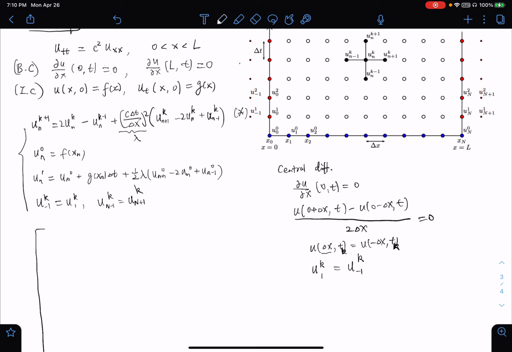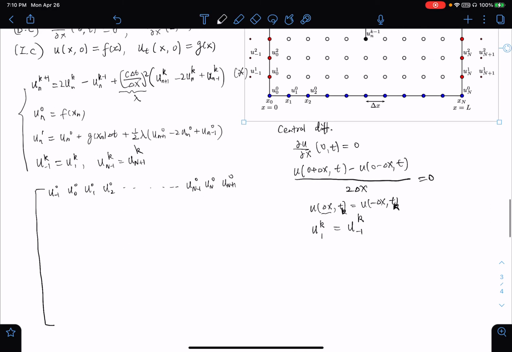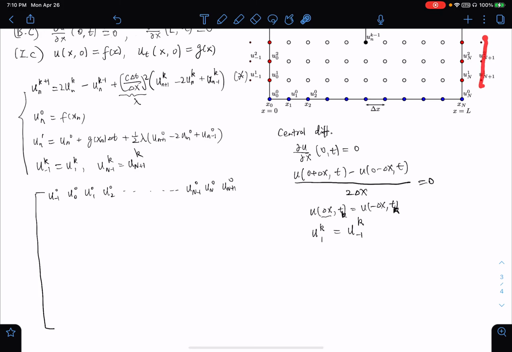Just as an example, you can do it the other way. So we have at time step 0: u at minus 1, u at 0, u at 1, u at x2, all the way to n minus 1 and n, and u at n plus 1, which is the fictional grid near the right boundary point, right?